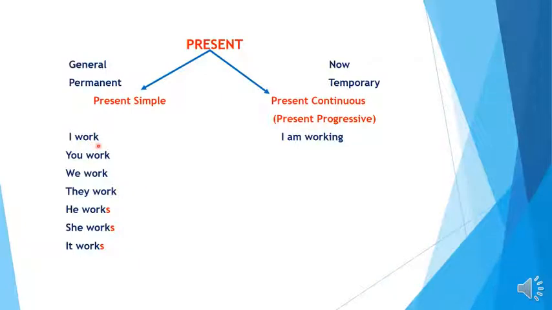I work, you work, we work, they work. Clear? When it comes to the other pronouns, he works, she works, it works. Hope you got a simple idea. Let's dig deeper.